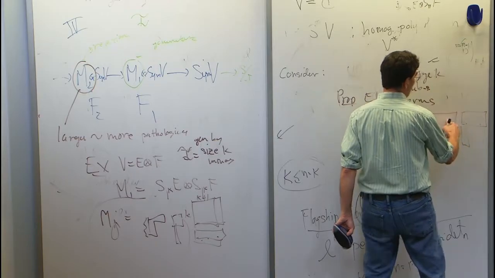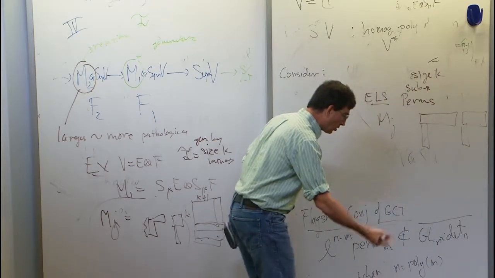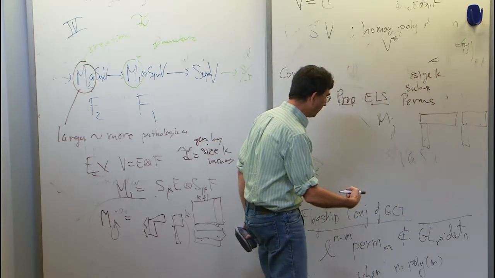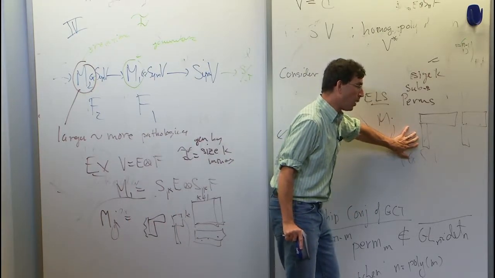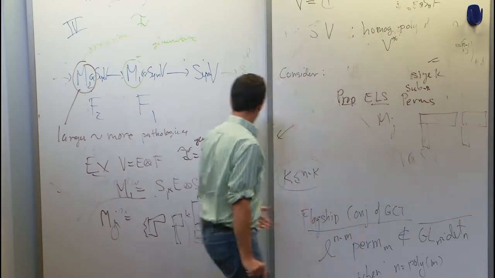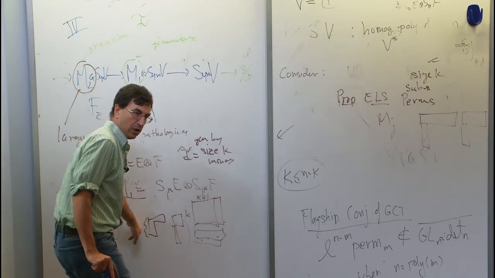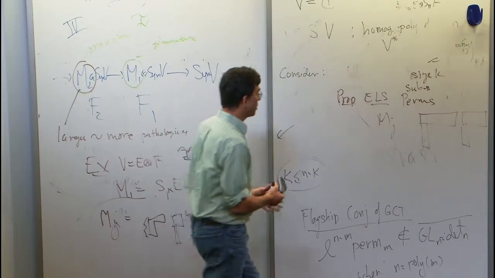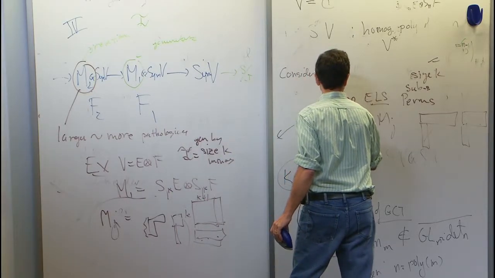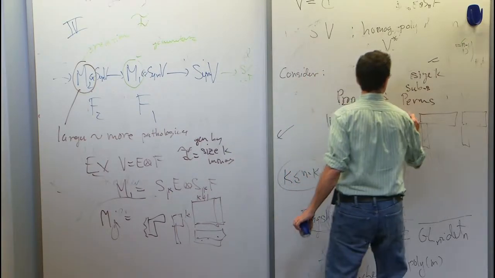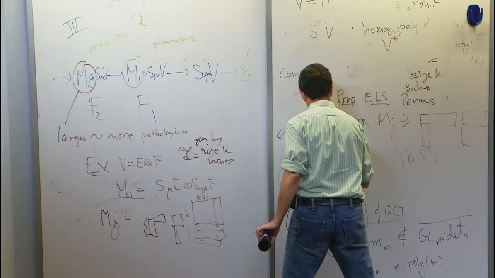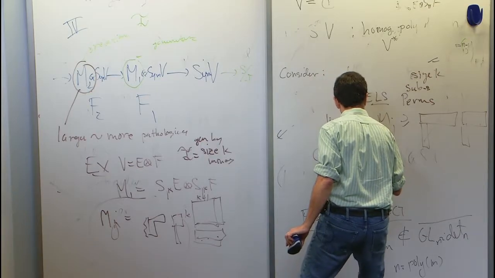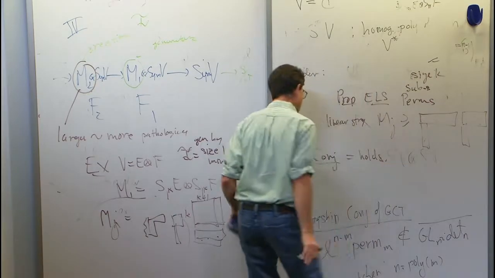So these hooks now are modules for the permutation group. And the hooks you get here, which are modules for the permutation group, are the transposes of the hooks you get here in the linear strand. So it contains those, and we conjecture that, in fact, that's exactly the linear strand.